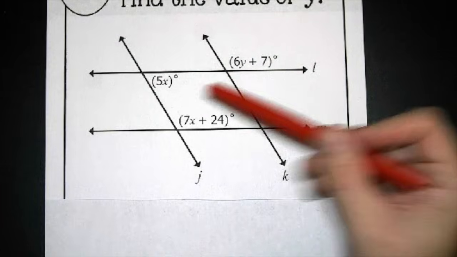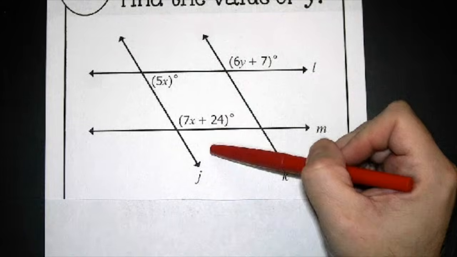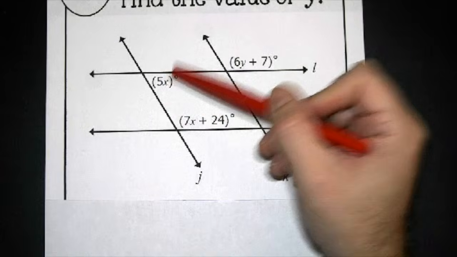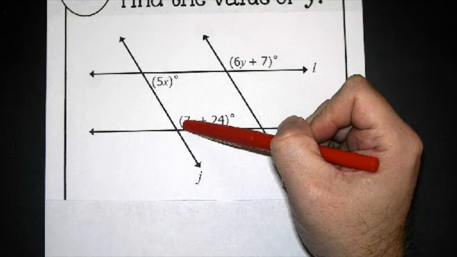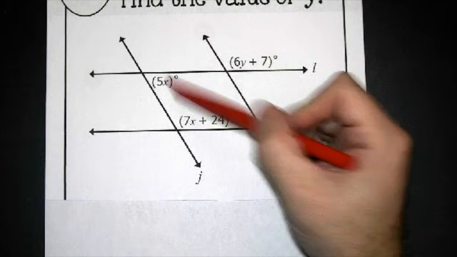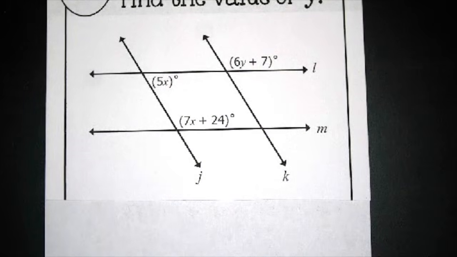And I can, because looking at lines L and M, they're parallel. Line J is the transversal I'm going to look at. And these two angles are consecutive interior. They're consecutive interior because they're inside the parallel lines and they're both on the same side of the transversal. So they are supplementary angles.